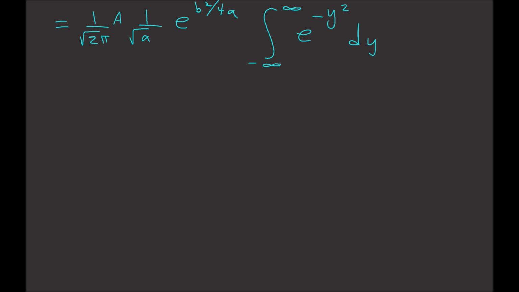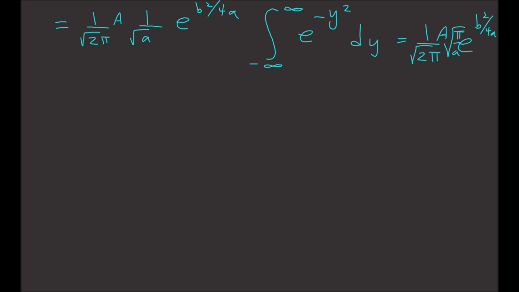And this is equal to 1 divided by square root of 2 pi times A. Doing the integral and evaluating it, we get e to the b squared divided by 4a, and there's a constant in the front here, square root of pi over a.